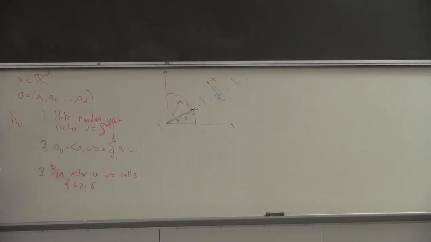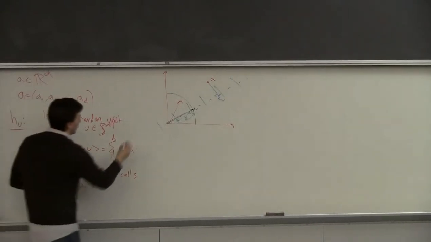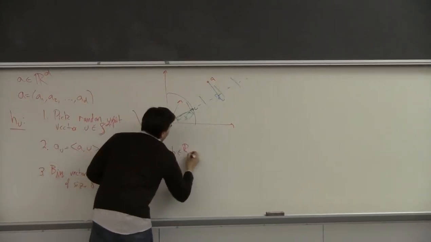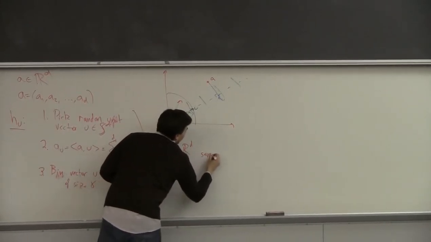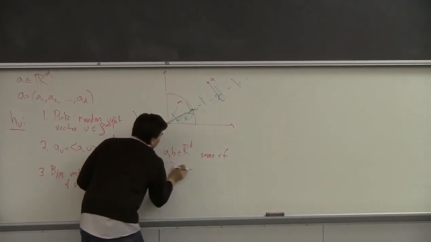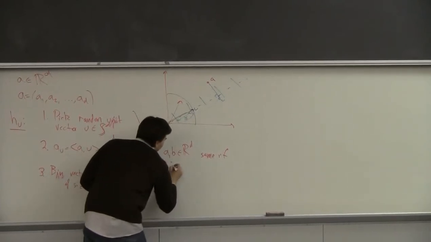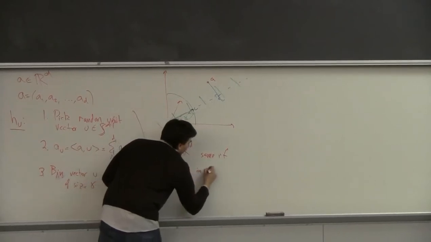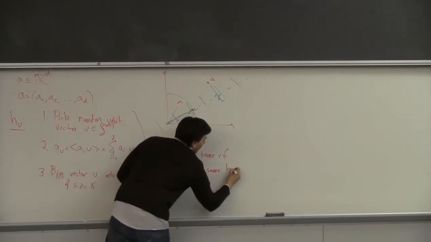So a hash is defined by this unit vector u, and two points are the same if they fall in the same bin. So A and B are the same if a dot u and b dot u are in the same bin.